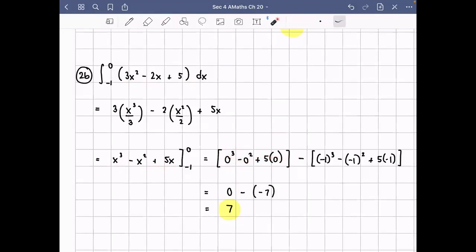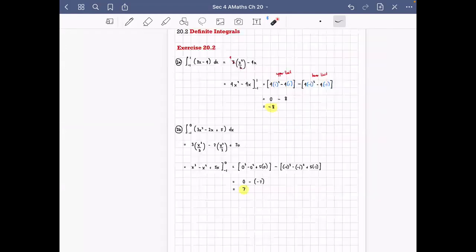And then minus, you have your negative 1s as your lower limit. Evaluating this, you'll get negative 7, so this is negative 1 minus 1 minus 5. So evaluating this, your answer is positive 7. And that's it.